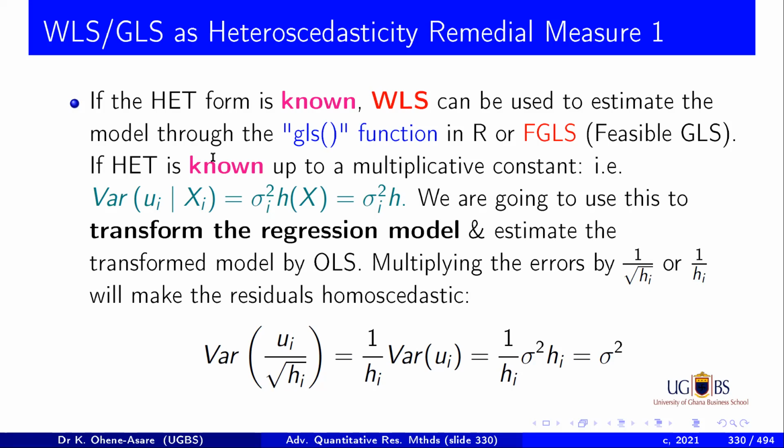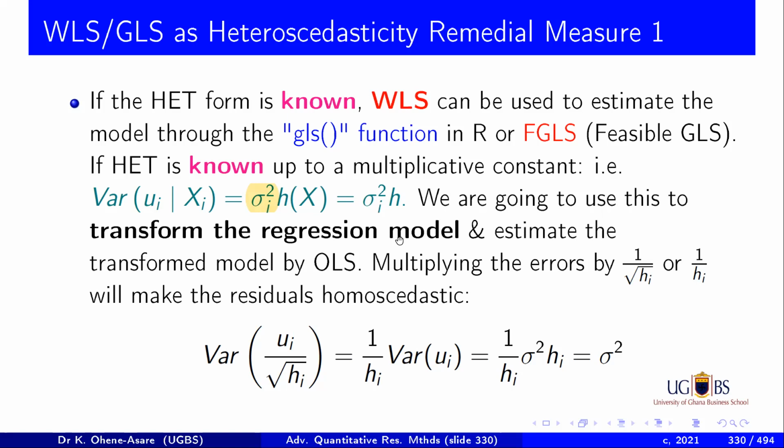It is known up to a multiplicative constant. If you look at this, the i means that it is heteroscedastic. The h here means that it is known up to a multiplicative constant. So in other words, the heteroscedasticity is known with certainty. If that is the case, then there is something you can do.